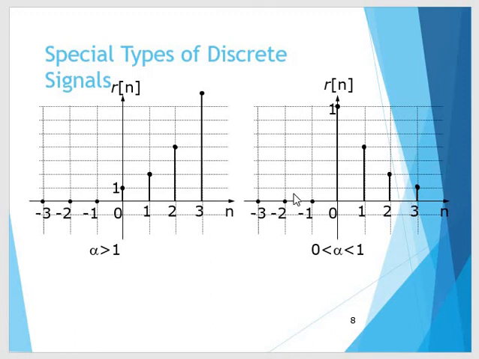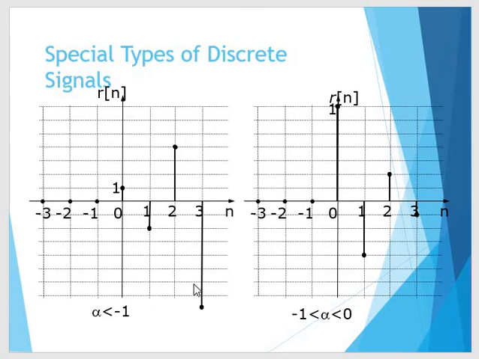In the same way, our next signal type is if we have a less than minus 1. If a is less than minus 1, in that case we will have a signal that is shown like this. Can you tell me what type of signal it is?